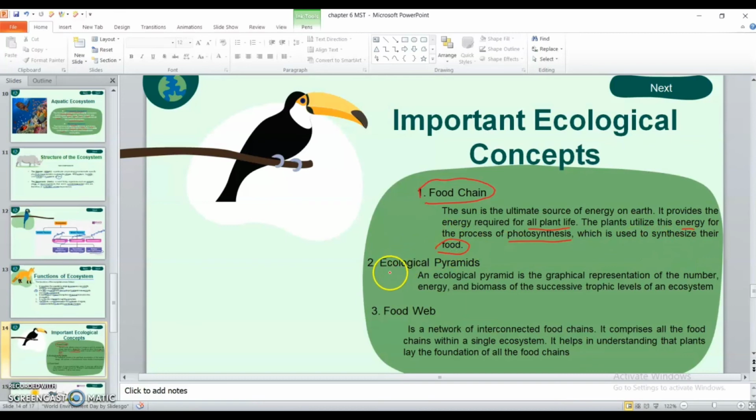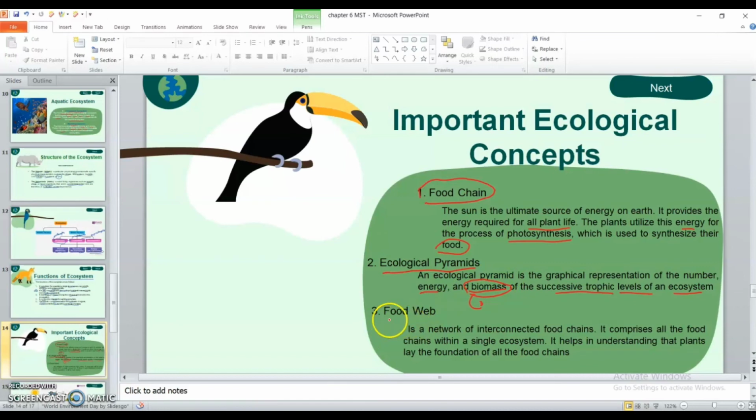The next one is ecological pyramids. An ecological pyramid is the graphical presentation of the number, energy, and biomass of the successive trophic levels of an ecosystem. Biomass is from the decay of plants and animals, which in the process becomes energy.